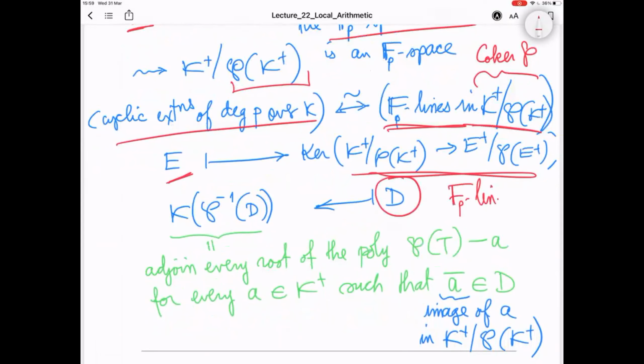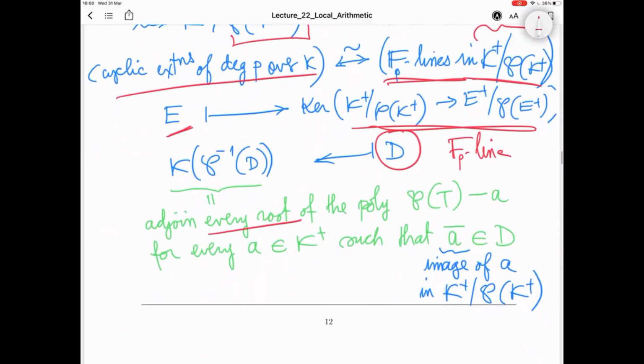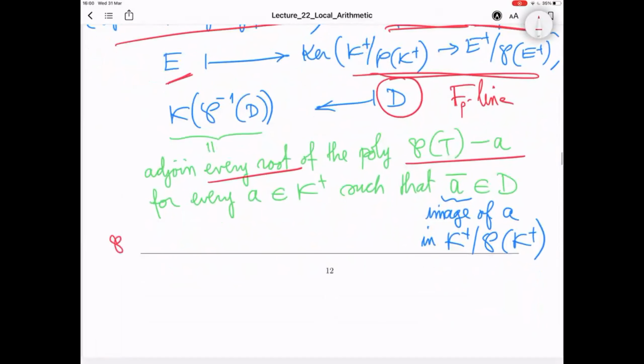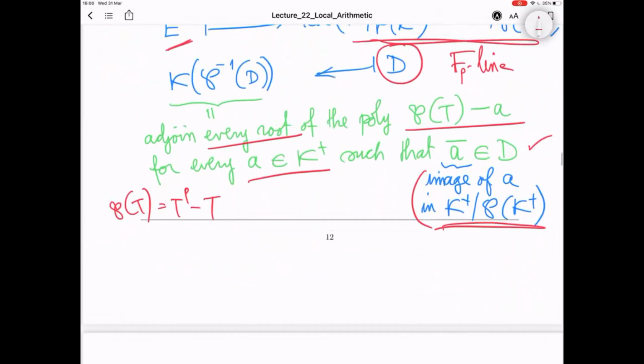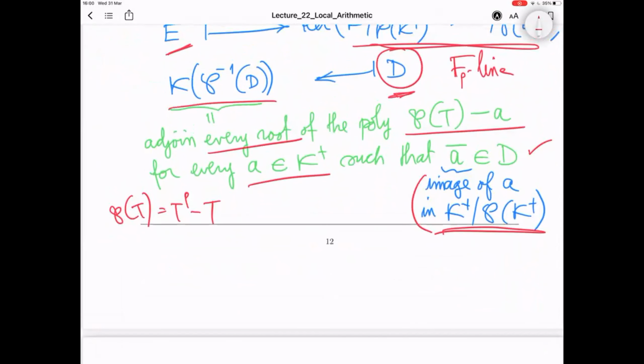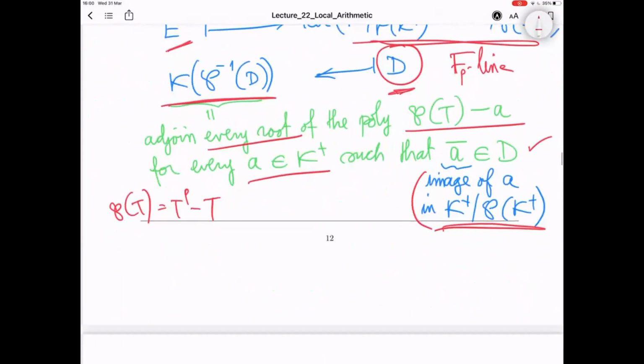Conversely, given an FP line D, I can adjoin every root of the polynomial P T minus A, where P T is the polynomial t to the p minus t, for every a in K plus such that a bar, denoting the image of a in this quotient, belongs to this line D. That is, the preimage of D under P, right?